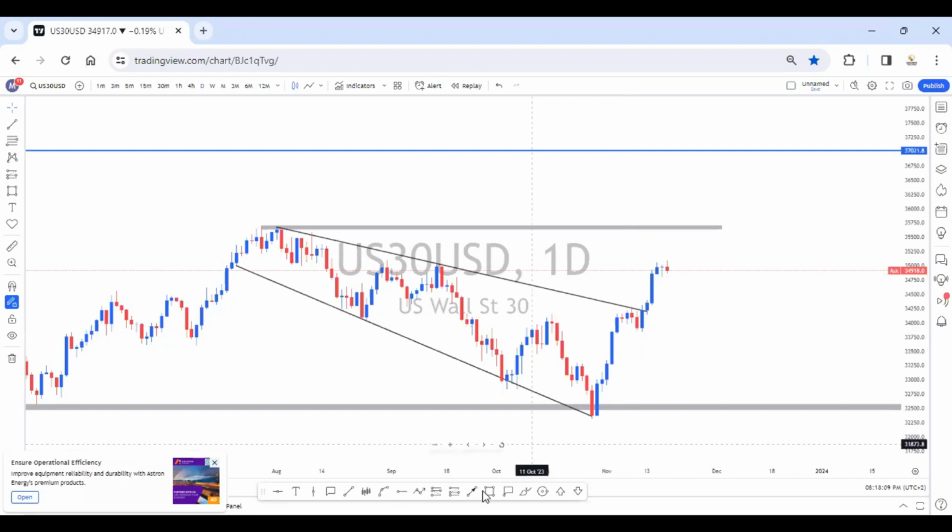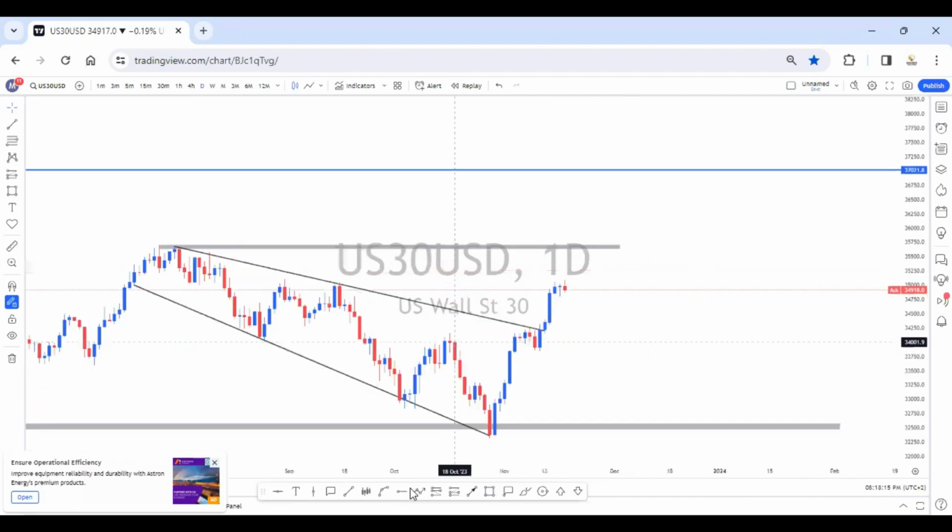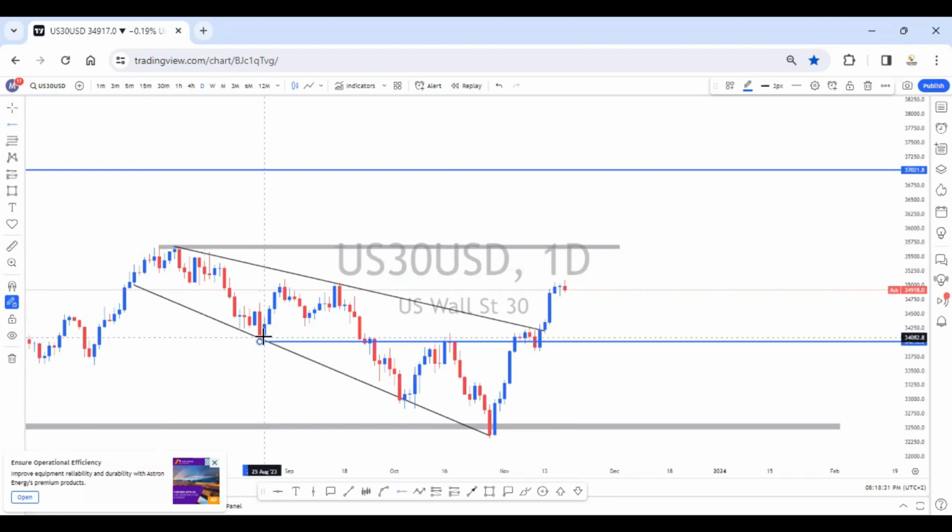So we'll realize that the market was respecting this level, trapping a lot of people here. And then we're going to realize, from the previous level, let me just take it from here, the market managed to respect this level.